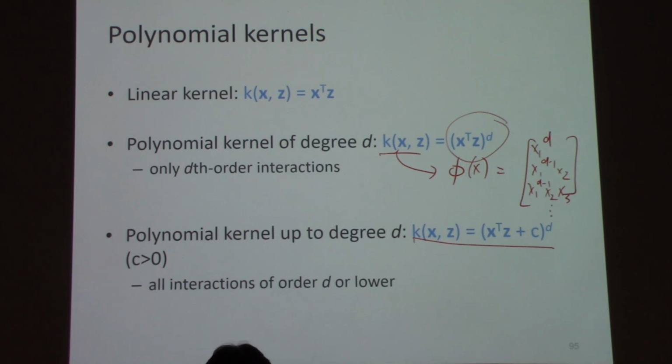So here are 2 statements. A kernel is a function that takes 2 vectors and produces a number, but every function that takes 2 vectors and produces a number is not a valid kernel. Because in order to be a valid kernel, it should correspond to a dot product in some higher dimensional space. Everything listed here, these functions are valid kernels, and they correspond to dot products in higher dimensional spaces. Okay.